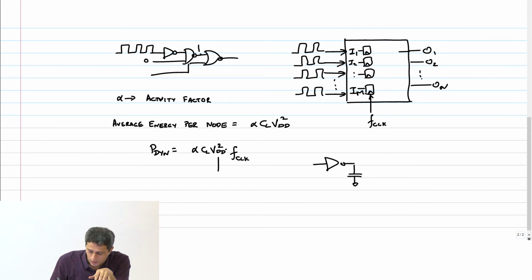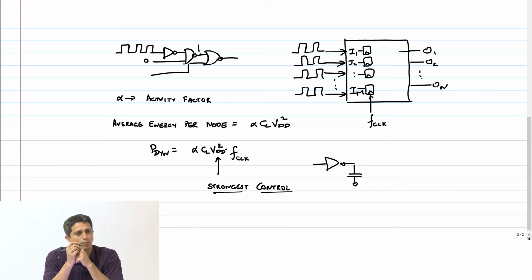Clearly, VDD dependence being quadratic is the strongest way in which you can control dynamic power. If you drop VDD by half, your dynamic power will drop by 1/4, right? So this is the strongest control of dynamic power.